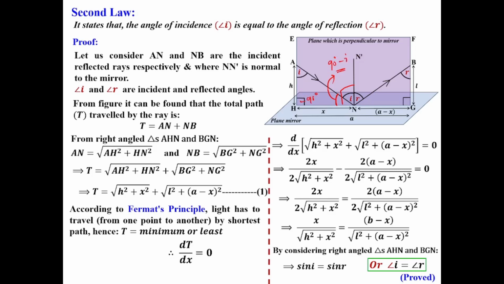So obviously this angle will be i, because this angle plus this angle plus this angle is 180 degrees. Likewise, if this angle is r, this angle will also be r, because this is 90 degrees.